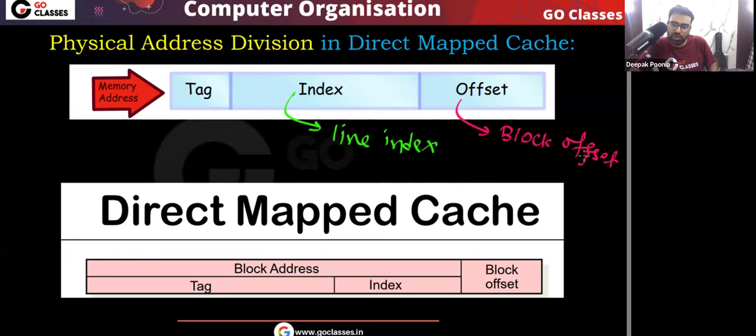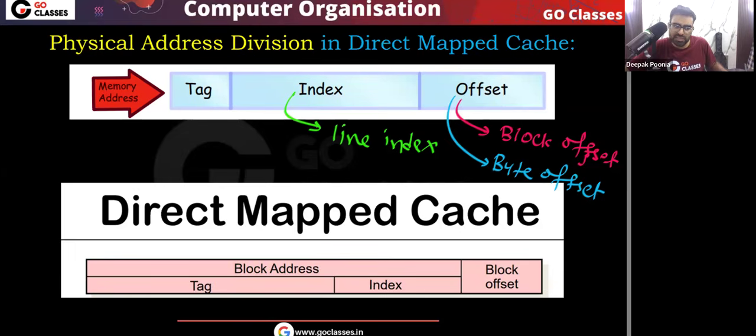And remember, by default the main memory is byte addressable. If your main memory is byte addressable, then I can also call it byte offset, because at every address you will find a byte. In every question, by default main memory is byte addressable.